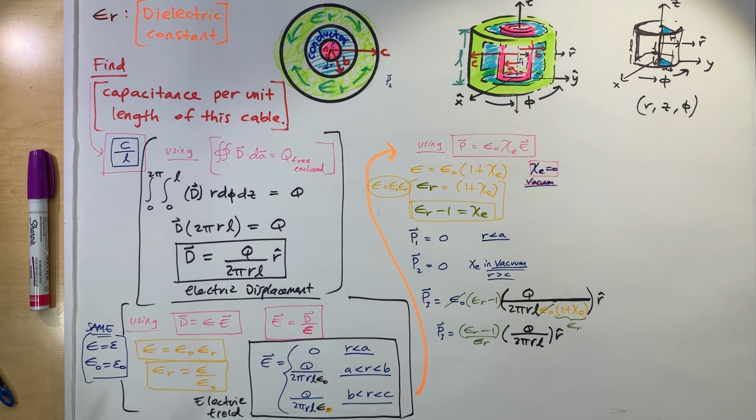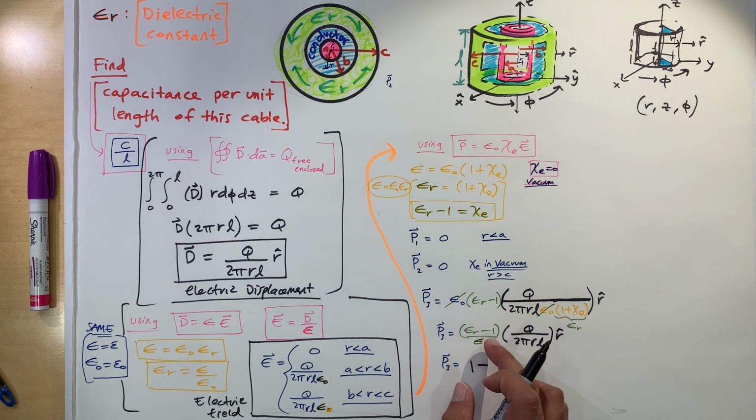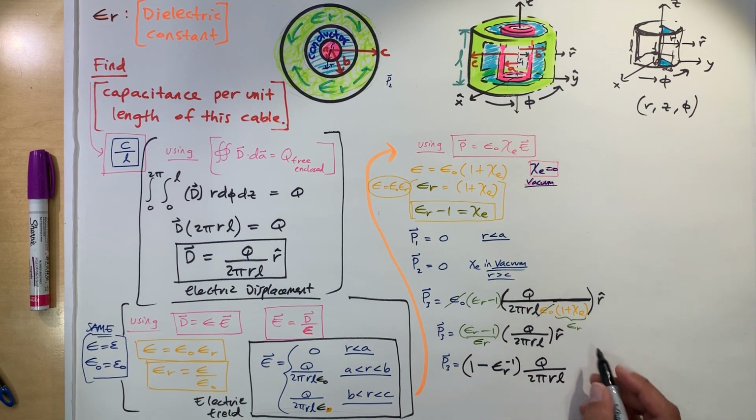To clean it up a little better, the polarization in that region is going to be equal to 1 minus epsilon R to the negative 1, times Q over 2 pi RL in the radial direction.